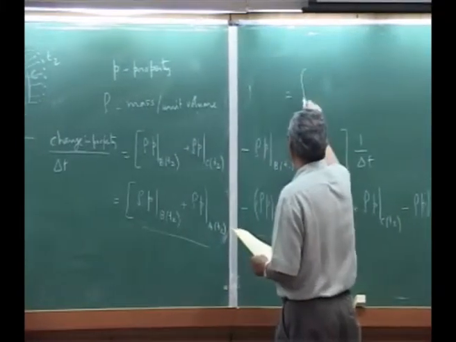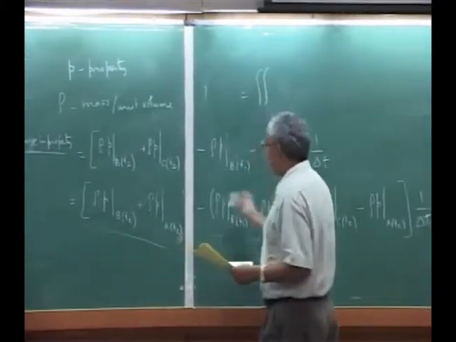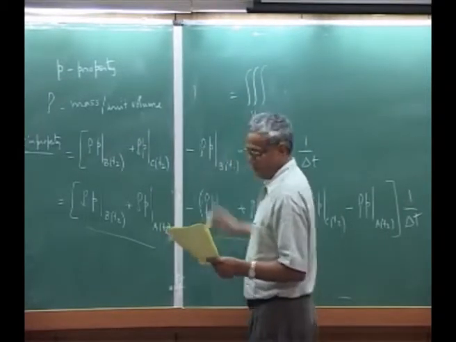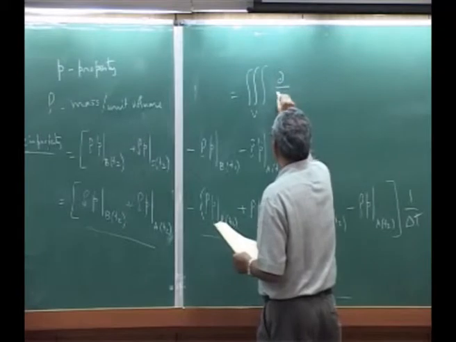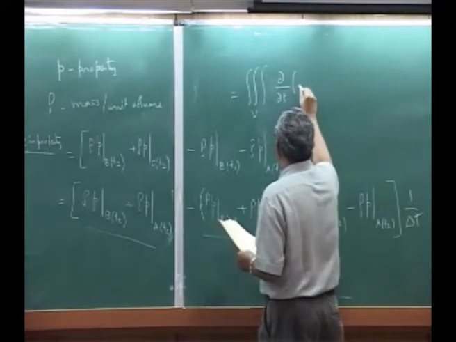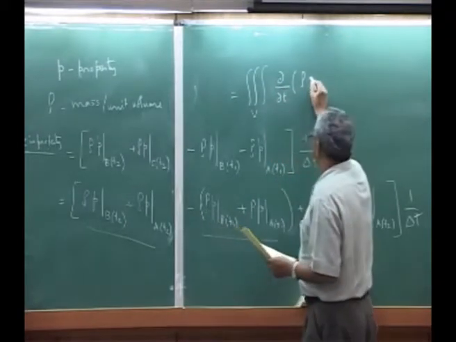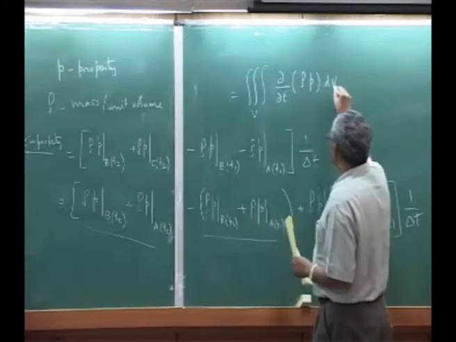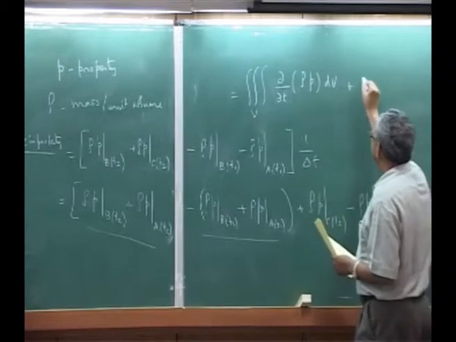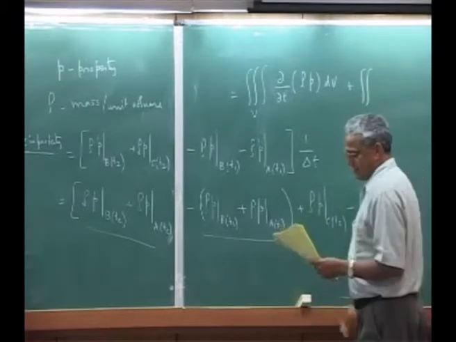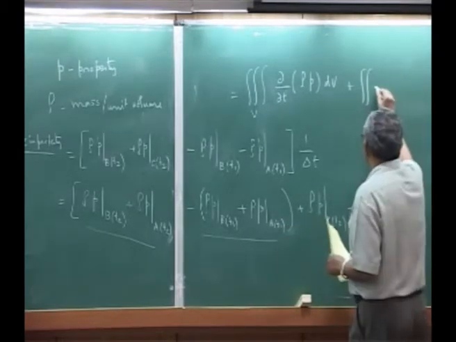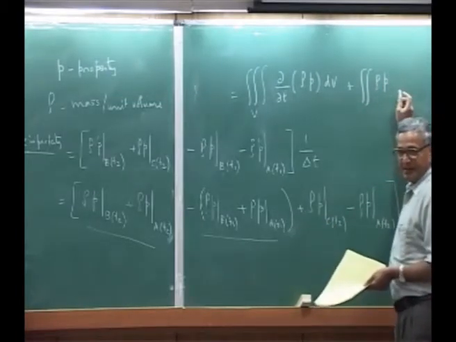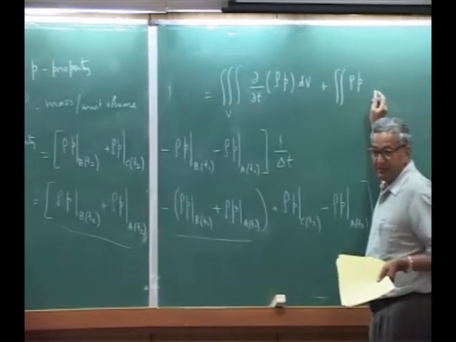This will be a volume integral. Now this is the control volume. Delta rho P dV is the volume, plus surface integral rho P flowing in, that is velocity.